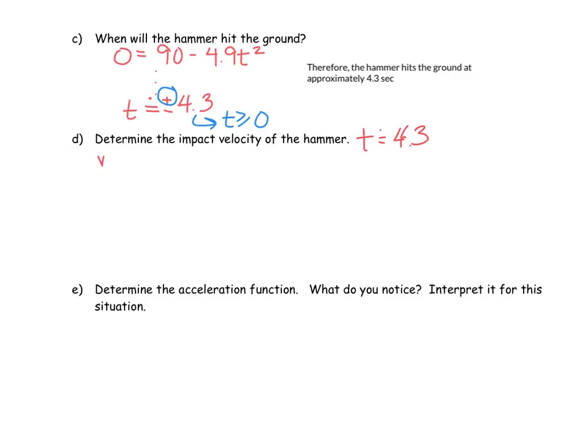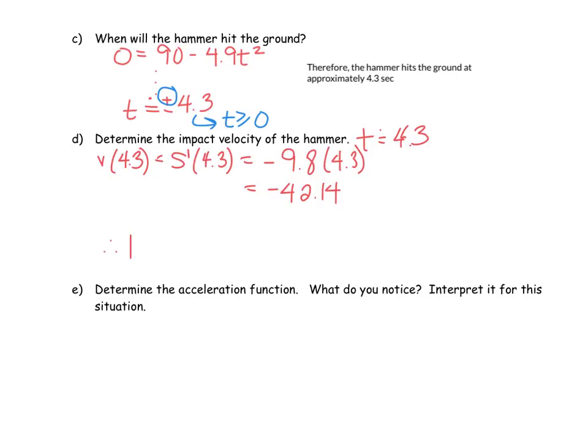We want to find v at 4.3, which I know is equal to the derivative of s at 4.3. So we can take our v at t equation and sub in 4.3. So I'm at negative 9.8, and instead of t, I have 4.3. And this is going to equal negative 42.14.